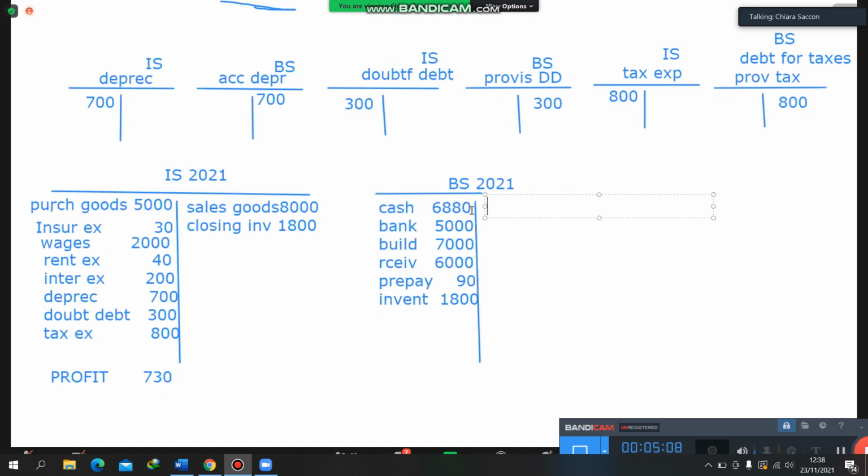Then on the liability side, we find the loan, 4,000, payable 0. I can write it, but only to say that they are 0, doesn't matter. Then accruals, 240.